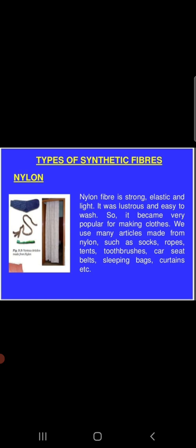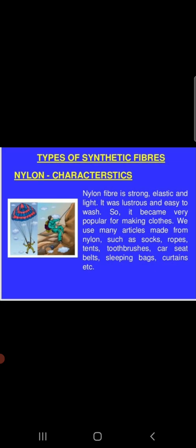Talking about the properties of nylon, nylon is strong, elastic, lightweight, lustrous, easy to wash, and some of the uses of nylon as a synthetic fiber are that it is used to make clothes, socks, ropes, tents, parachutes, and a wide variety of articles.